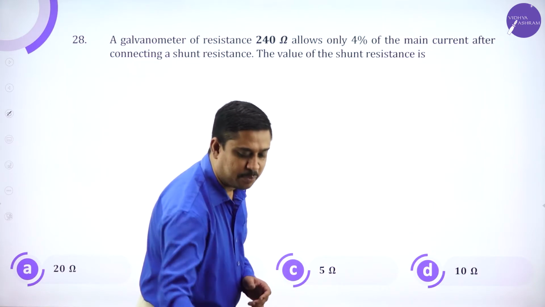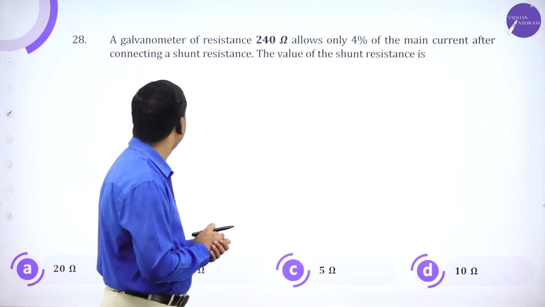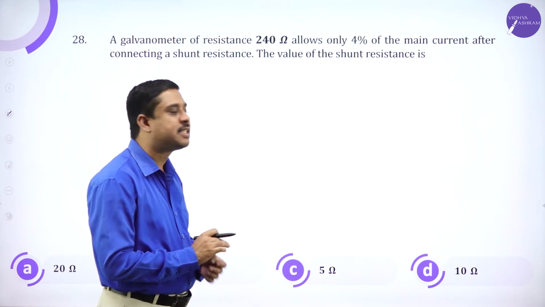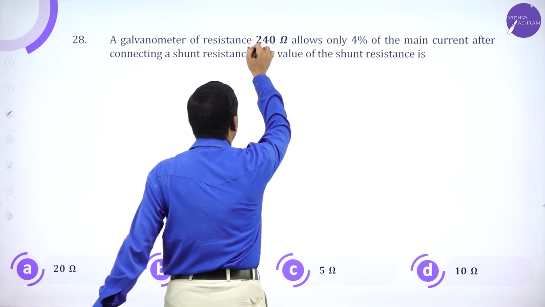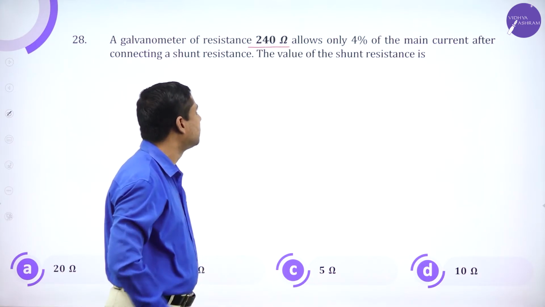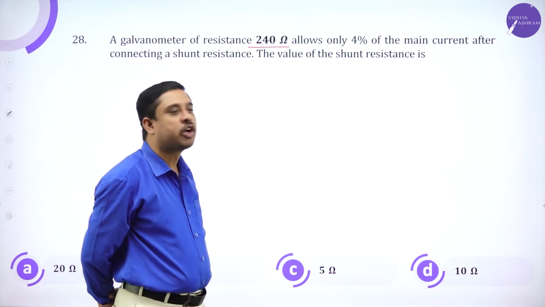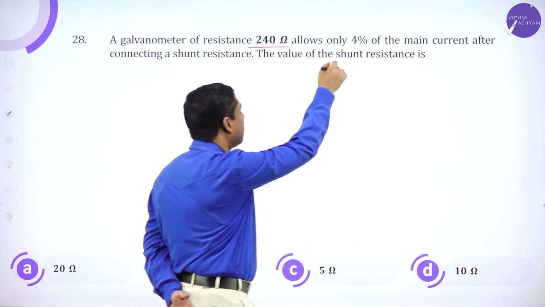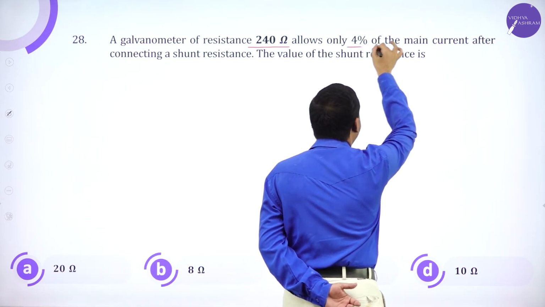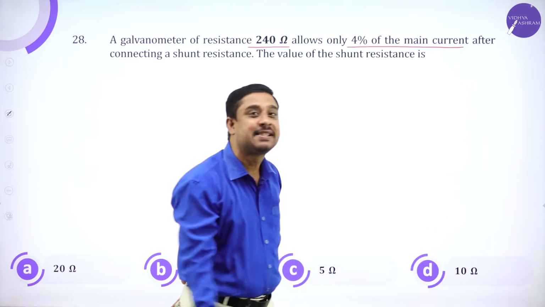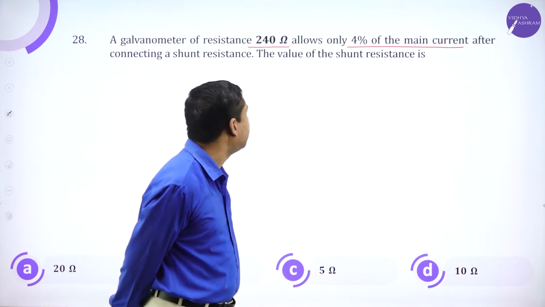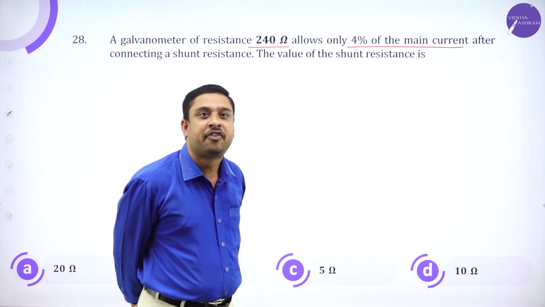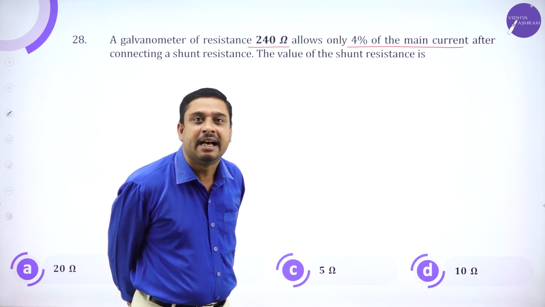Again, a beautiful question. A galvanometer of resistance 240 ohms allows only 4% of the main current after shunting a resistance.